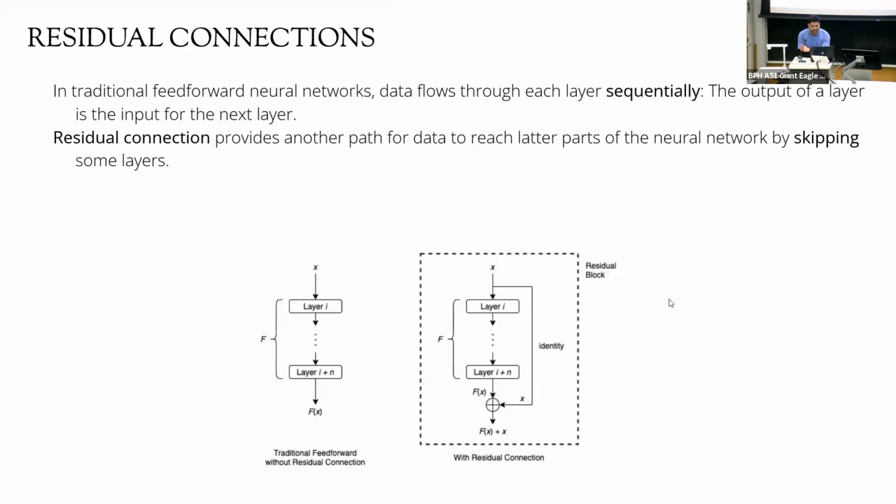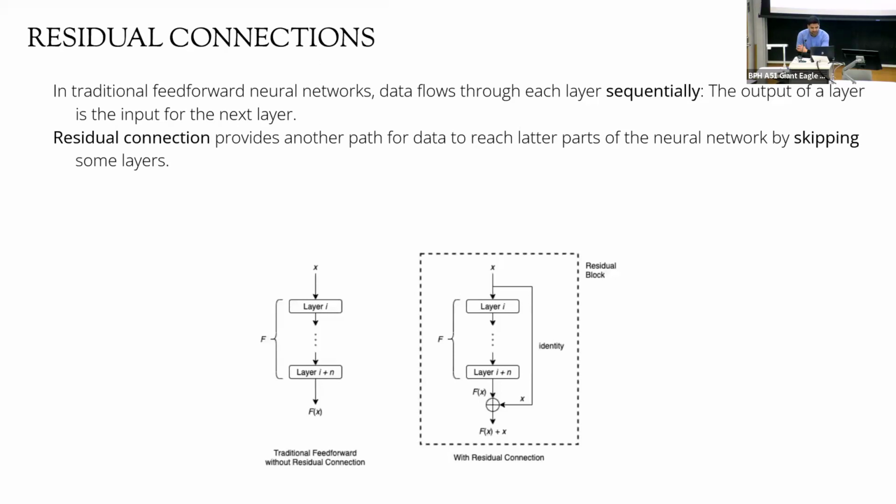Now, when you train deeper networks, one of the problems we face is that of vanishing gradient or exploding gradient. As we go deeper into the network, our gradients become either way too large or close to zero, which makes the entire training impossible.